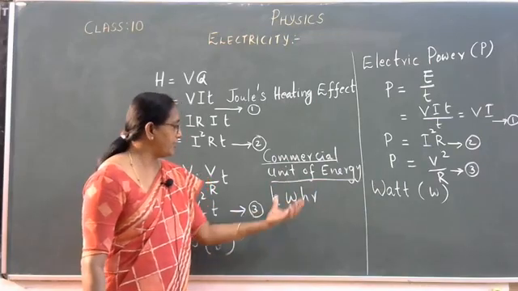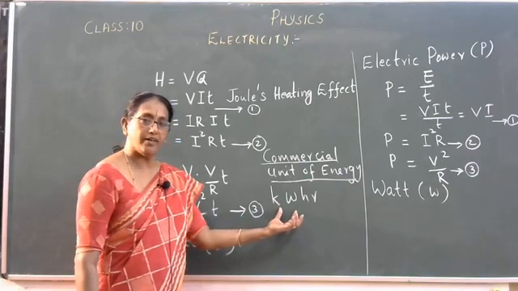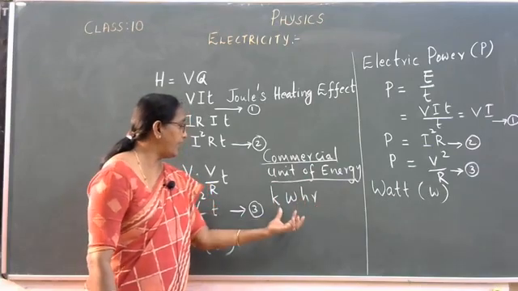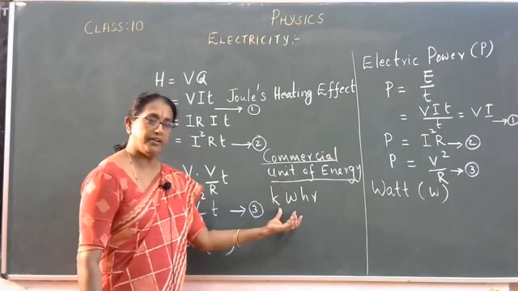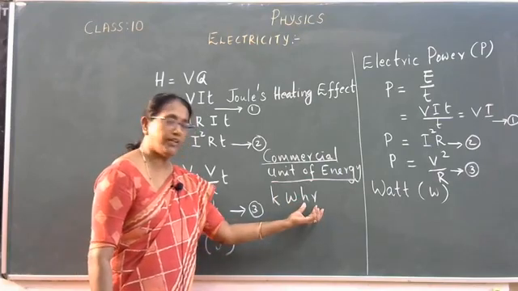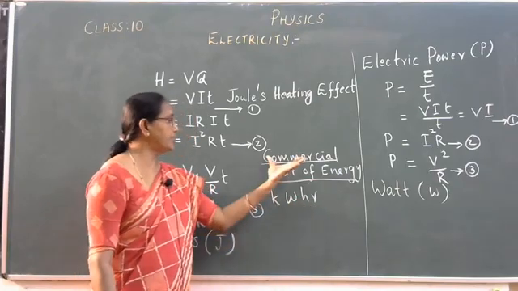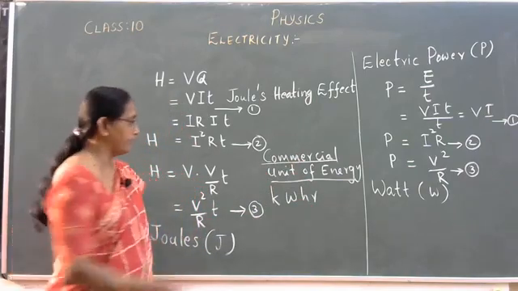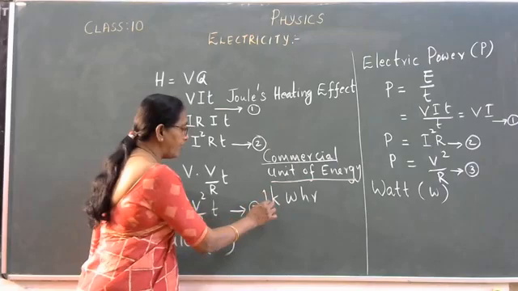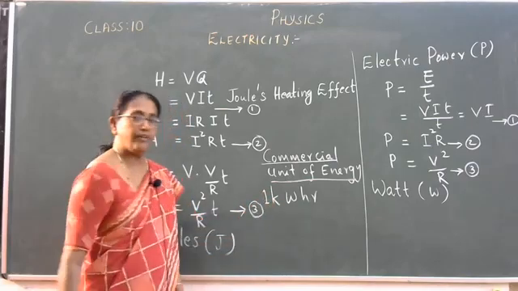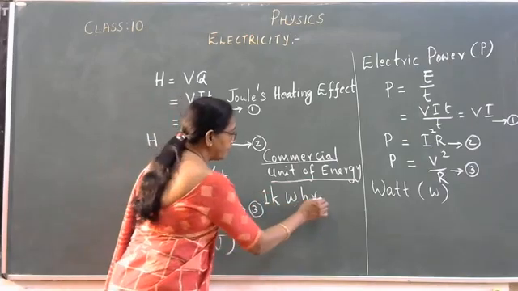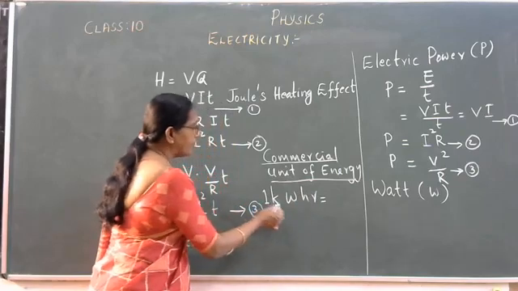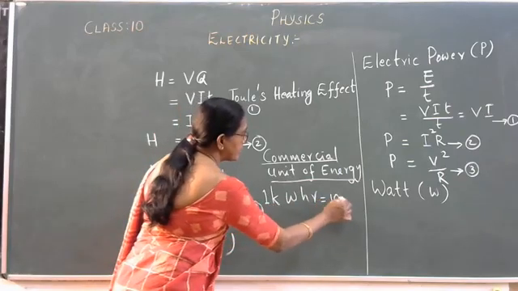So when you take energy as a product of power and time, using the higher unit of power, kilowatt, and the higher unit of time, hour, we are deriving a new unit called the commercial unit of electrical energy, and that is called kilowatt hour. And 1 kilowatt hour is equal to, so because kilowatt we know that it is 1000 watt.